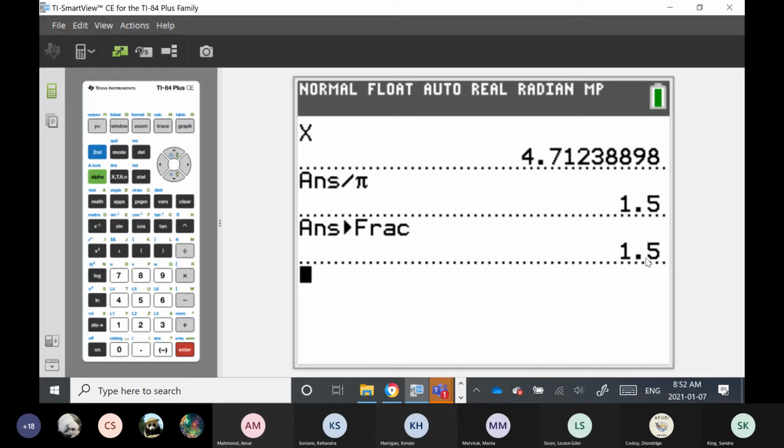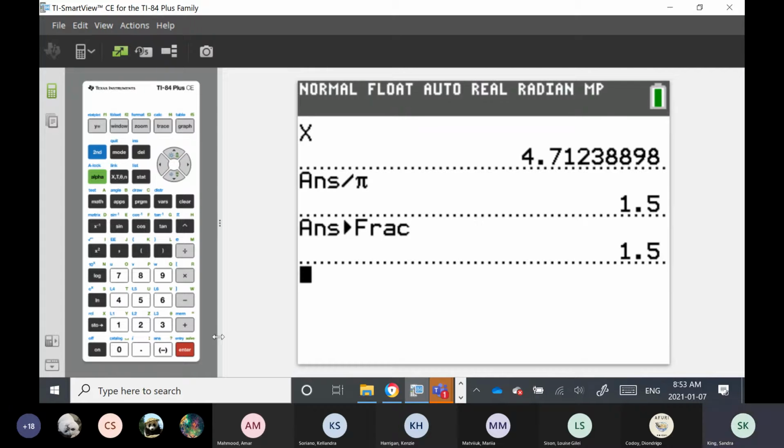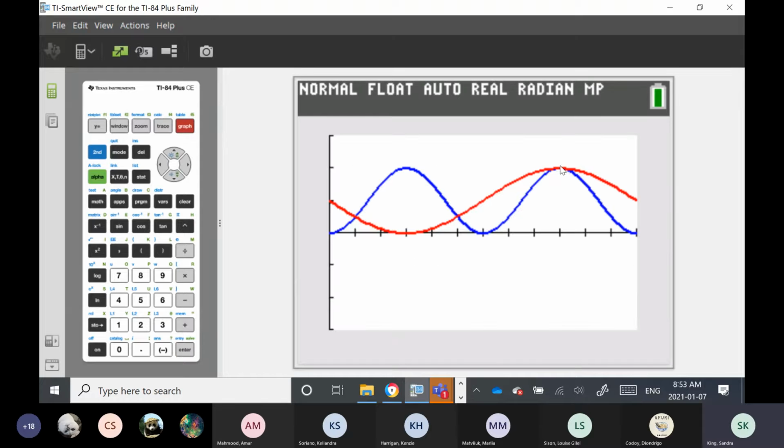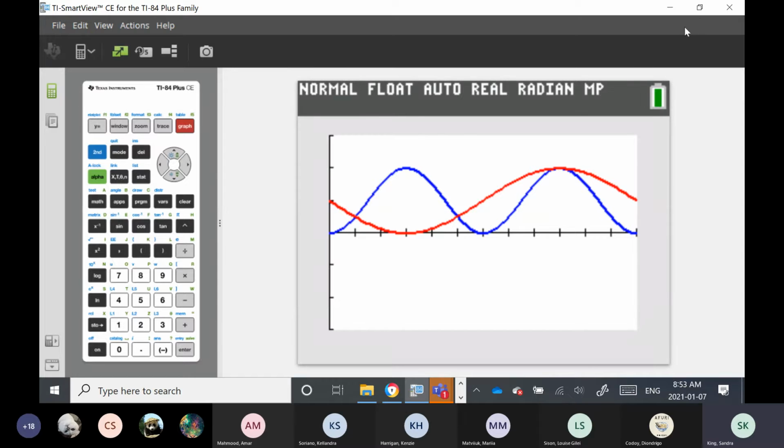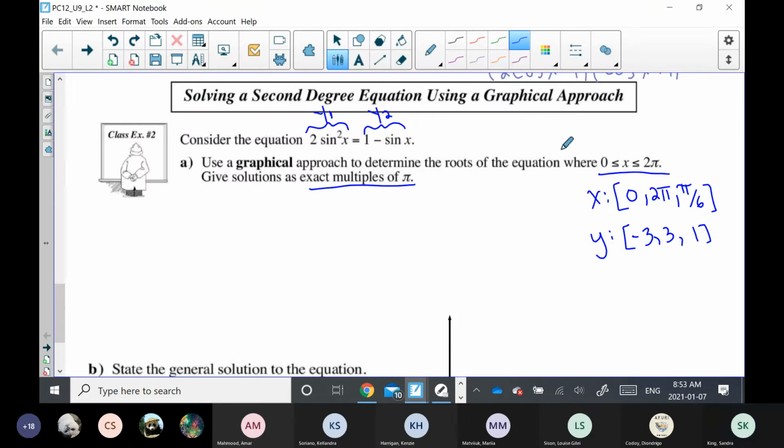I don't know why that didn't change, but that should be 3 over 2. So this answer here, or on the graph, this intersect is 3 pi over 2. So I'm just going to write x is equal, actually I'll write that one last.